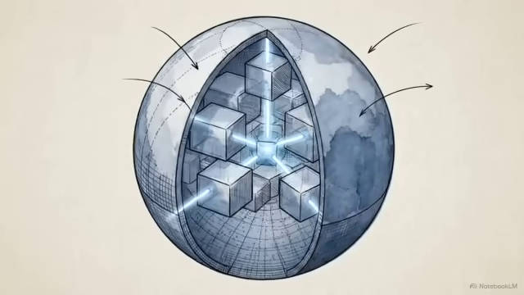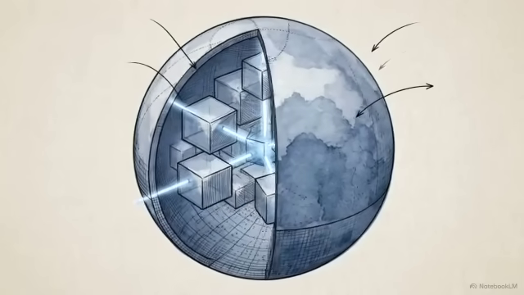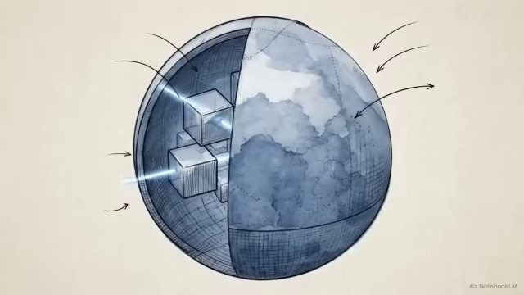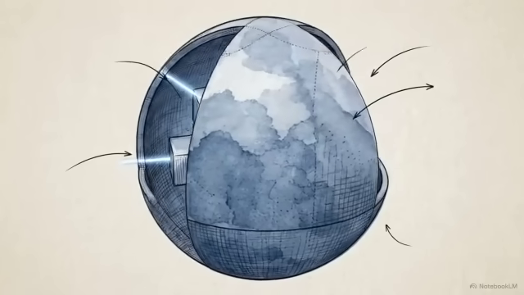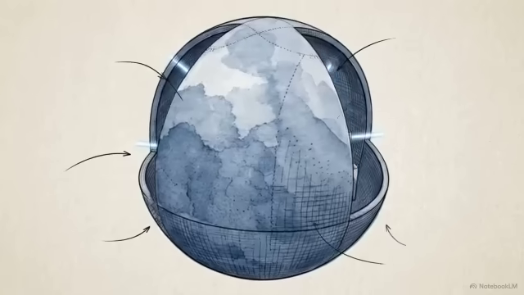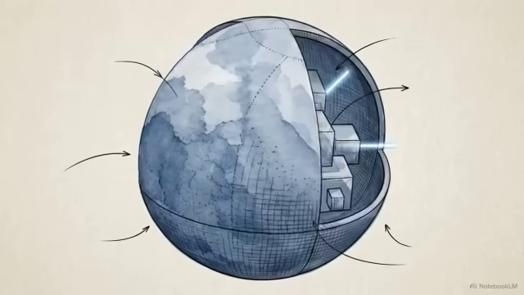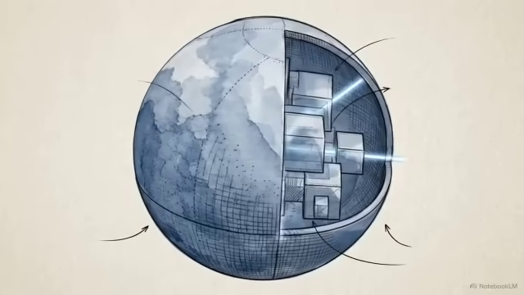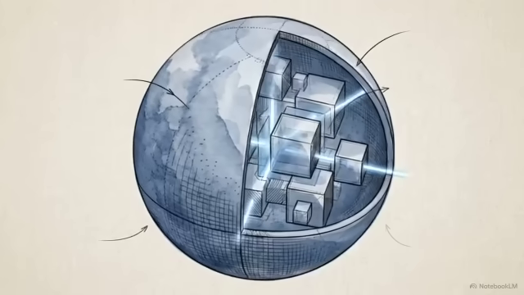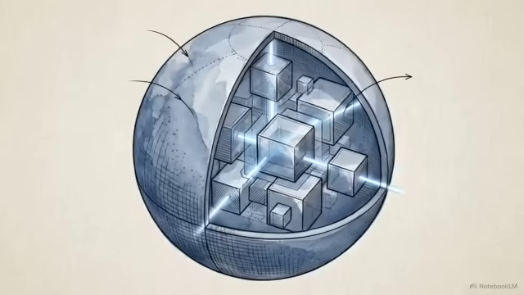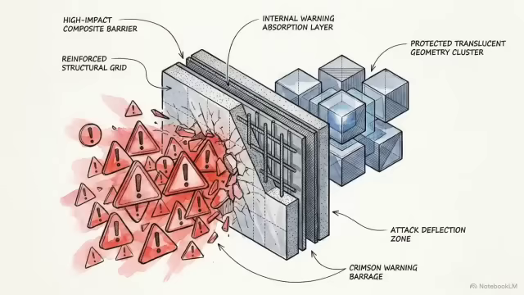Enterprise network security relied on a simple architectural concept: the perimeter. We built hardened firewalls acting as an impenetrable outer shell, protecting the cluster of internal data nodes from the chaotic public internet.